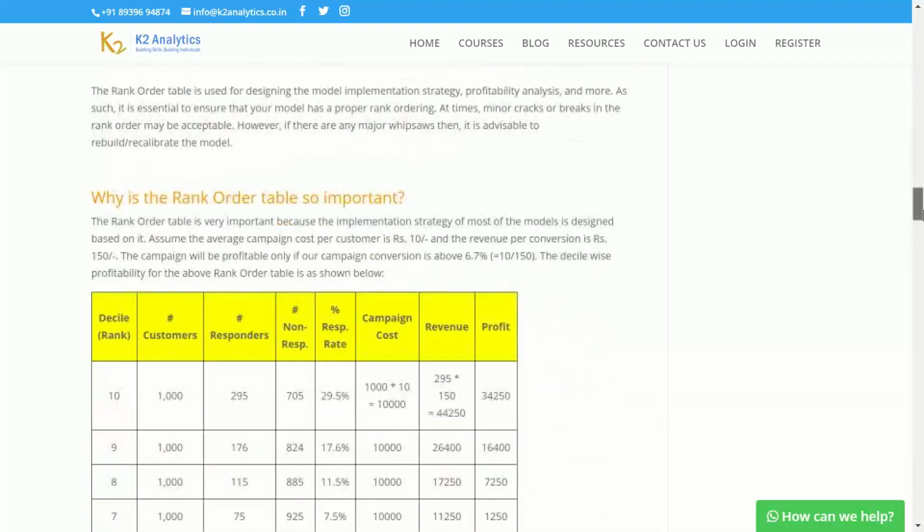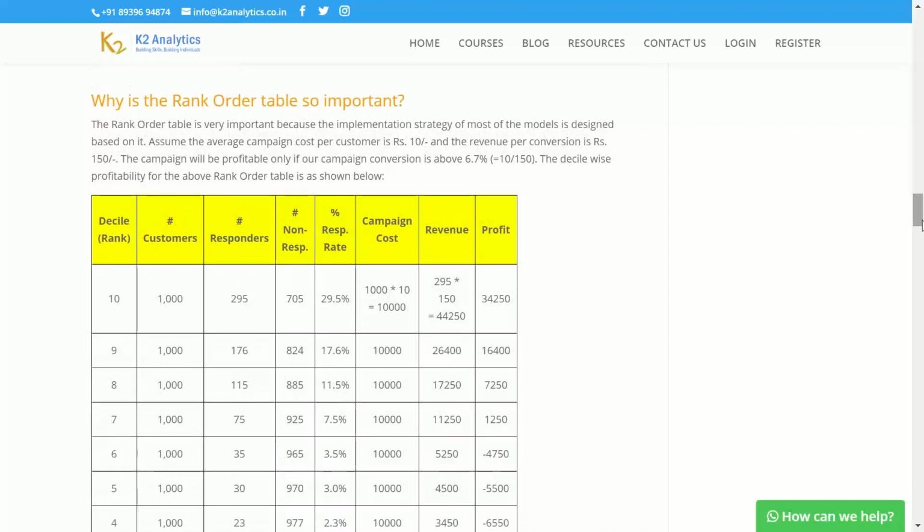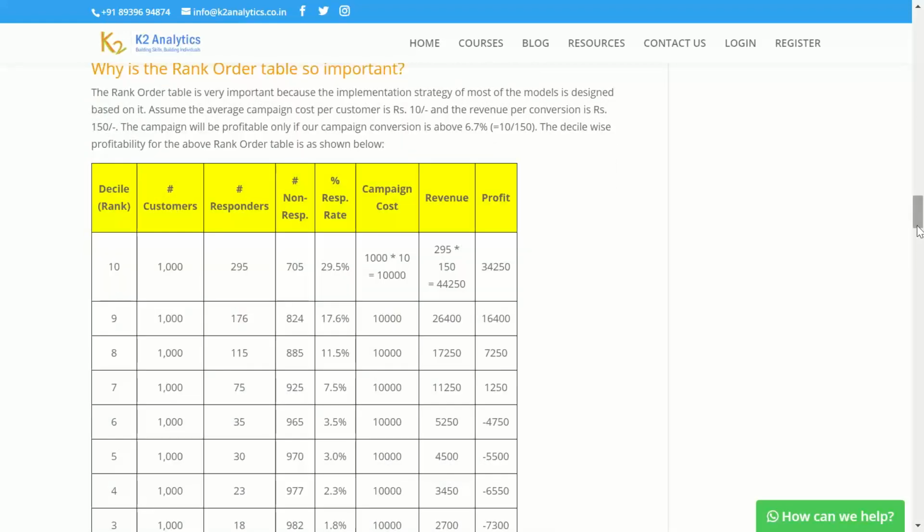Now, how this really impacts the implementation strategy is what I'm trying to explain. Let us assume that the marketing campaign you are running has a cost of 10 rupees per customer you reach out to. I'm assuming response is equivalent to conversion, though response is typically not equivalent to conversion.